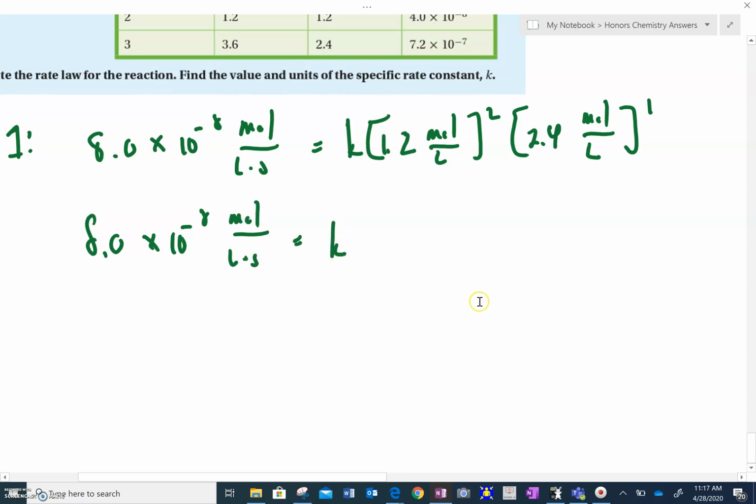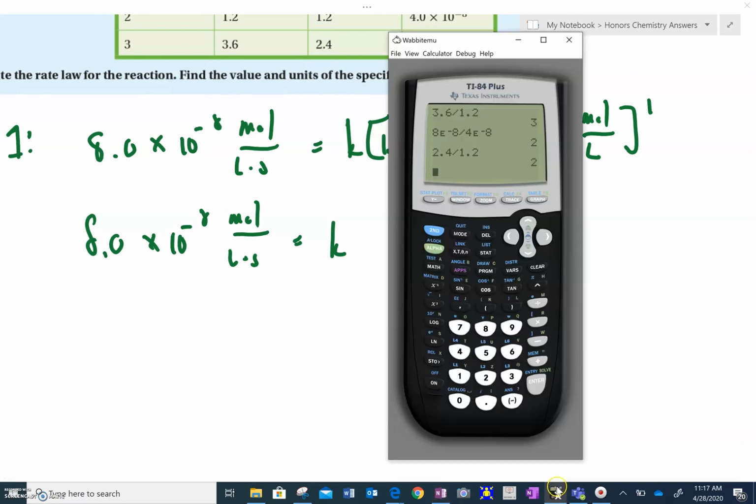So now we're going to take 1.2 and we're going to square it and its units. 1.2 squared is 1.44.